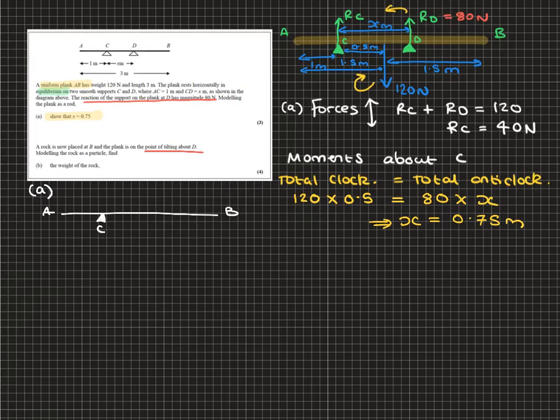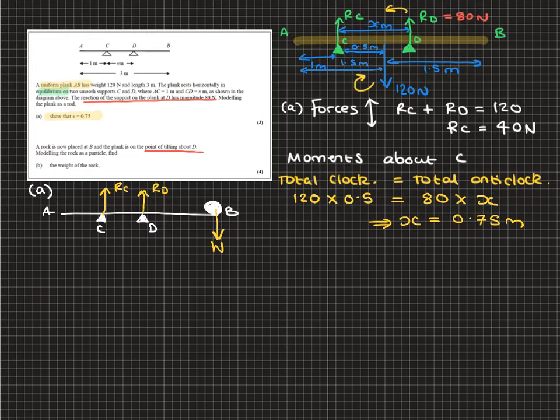Here is the pivot at C, here is the pivot at D, and here is the rock, which is placed at point B. Let's draw in the forces, RC, RD, and remember it's forces acting on the rod, so we want the weight here, which I will just call W.